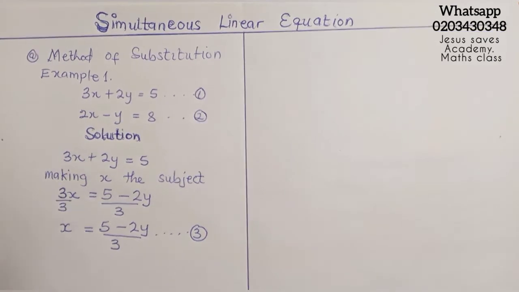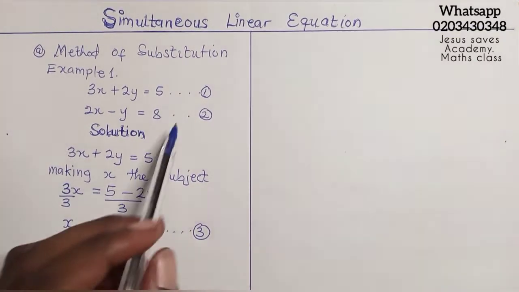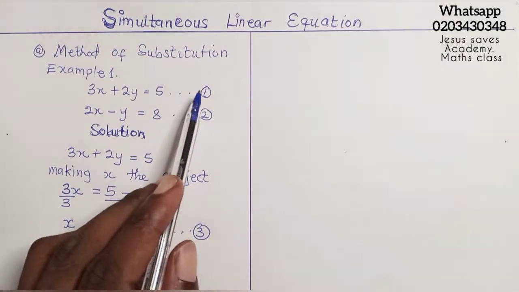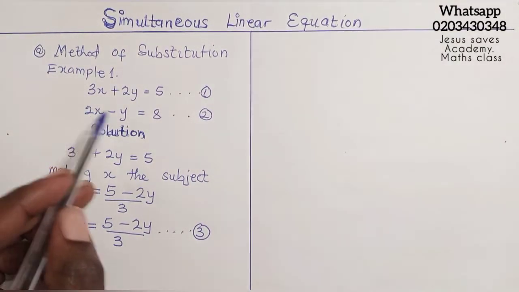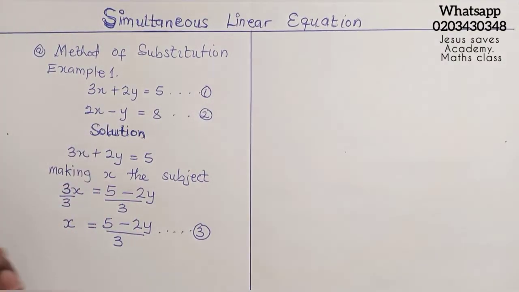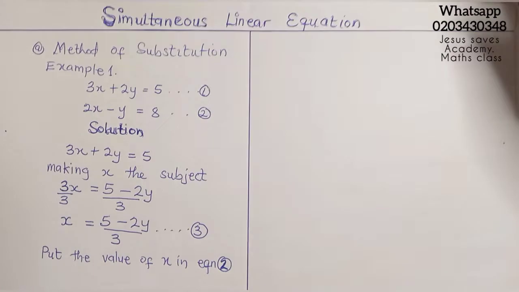So the next part, you put this equation 3 into equation 2. Don't put it in equation 1. You put the value of x in equation 2. So we are putting this value of x into equation 2.